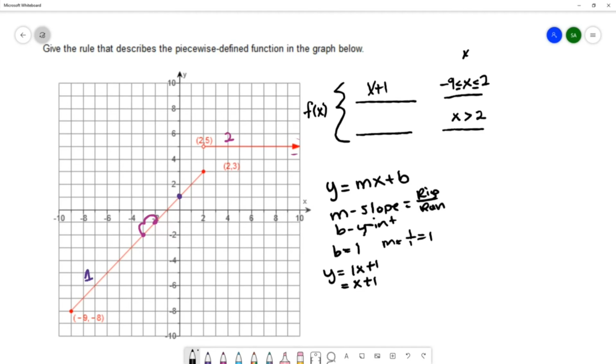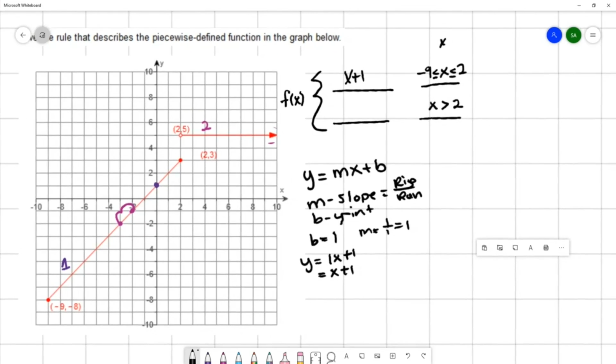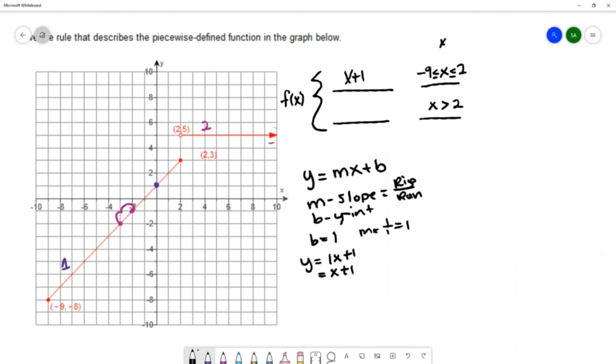So I promised you a second way to do it. A second way to do it would be to maybe pick 2 obvious points on the line. So you've got this one labeled here as 2, 3, and this one here labeled as -9, -8. So I could take those 2 points, -9, -8, and 2, 3.